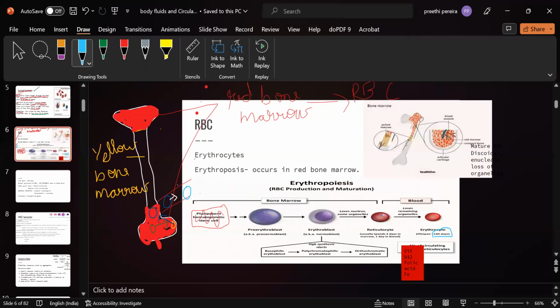In our blood vessels, if we eat nutritious food like vitamin B12, folic acid, and iron, our reticulocytes will convert into erythrocyte, which is functional RBC, which can fix oxygen. Okay. And the lifespan is 120 days. Did you understand? Did everybody understand this?